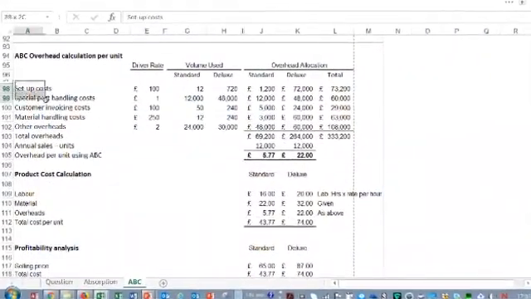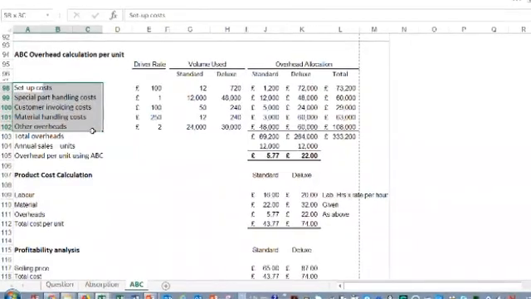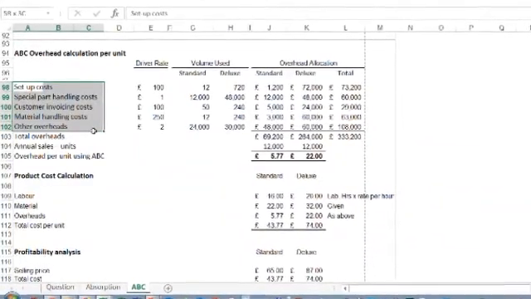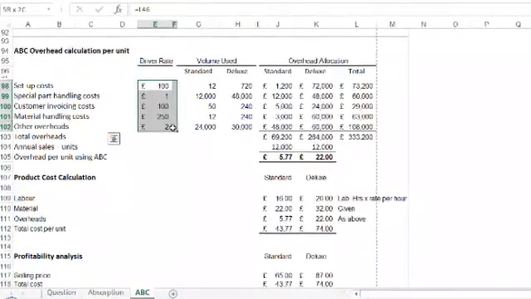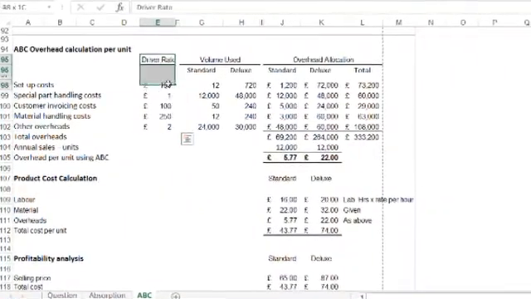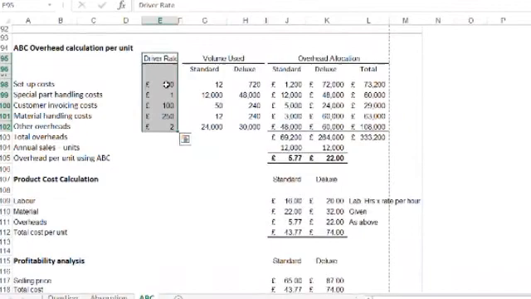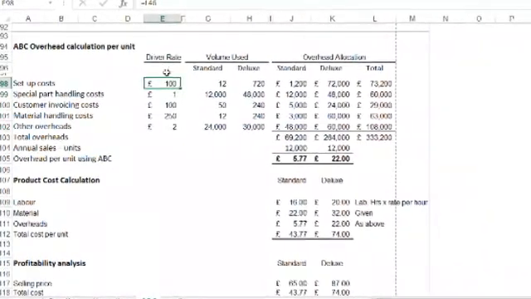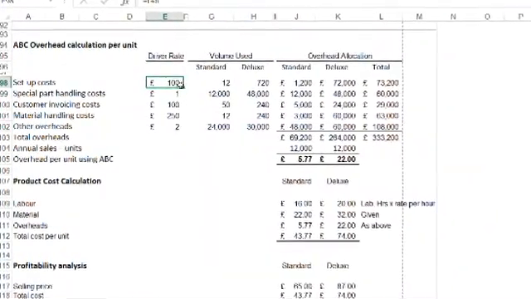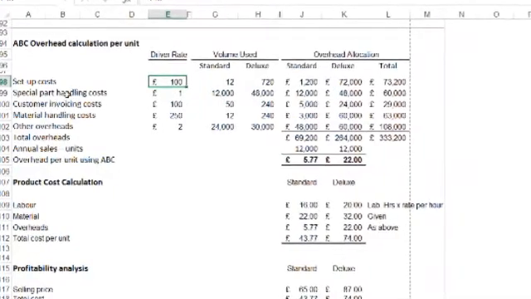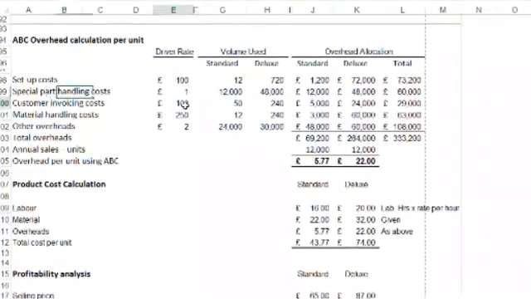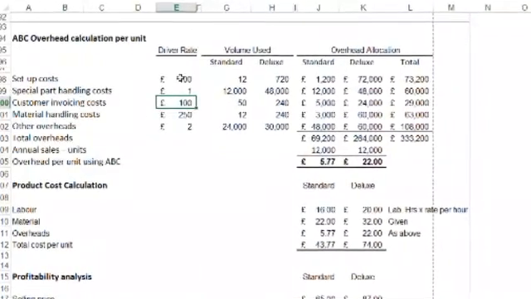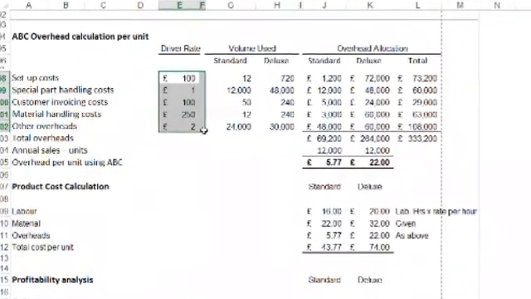So again all the 5 types, those are here. We have just worked out their driver rates, so we start with that column. Driver rate, 100 pound per setup cost, 1 pound per special part handling, 100 pound for each invoice. So these we worked out in the previous step.